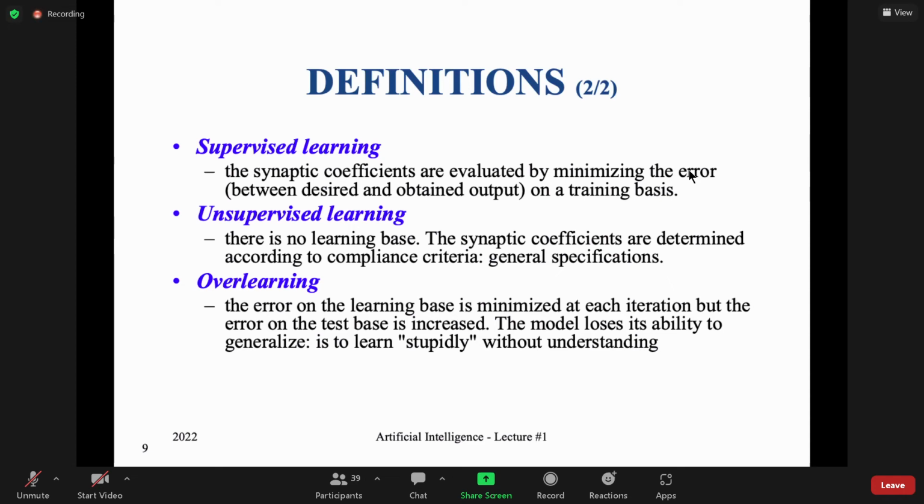So if we learn a lot of times this example for the one, it will be overlearning because with this we are able to recognize only the one digit like that.